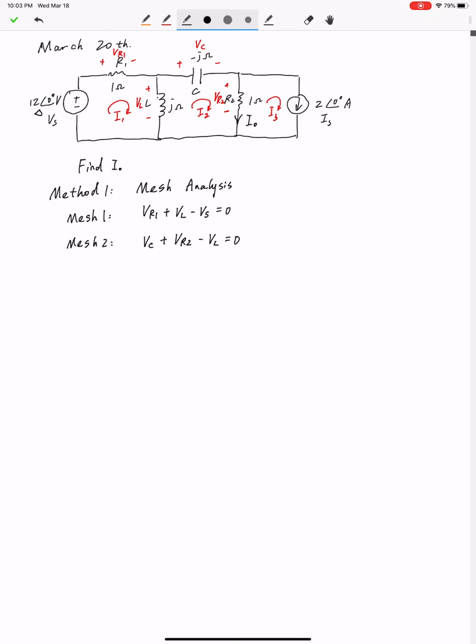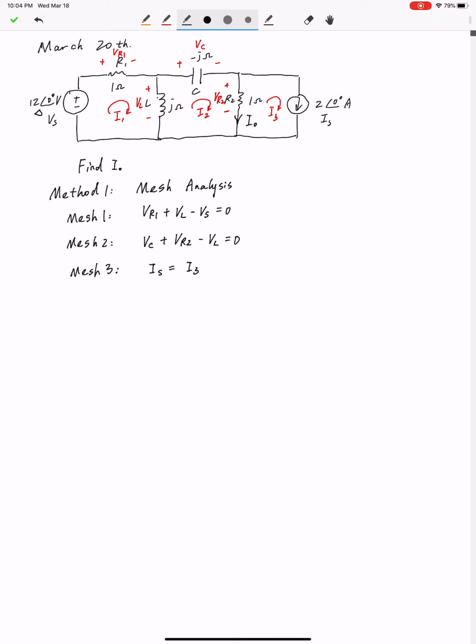But another thing you should notice is I3 has the same current direction as IS, and there are no other current sources in the third mesh, which means IS equals I3. With these 3 equations, we can solve for I1, I2, and I3.